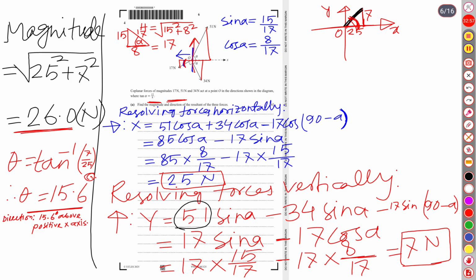So in the y direction: P sine alpha minus 34 sine alpha.